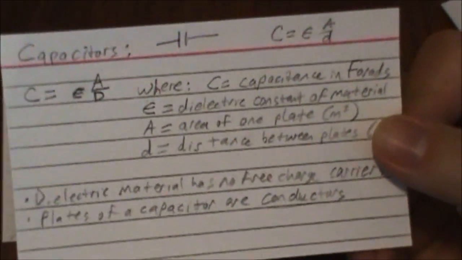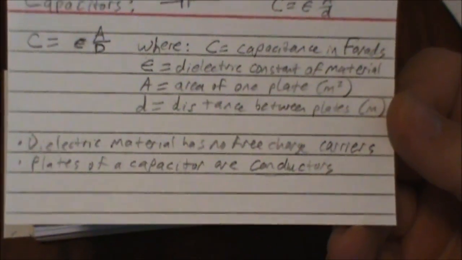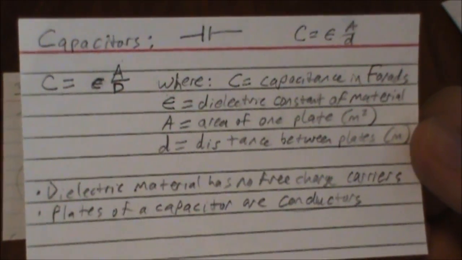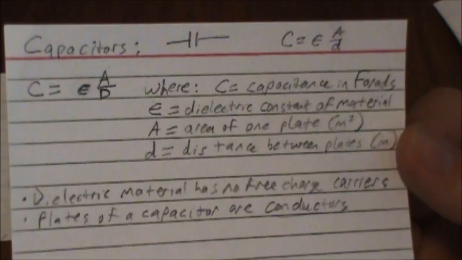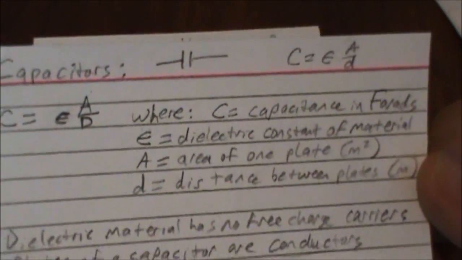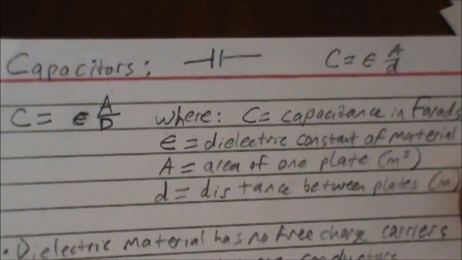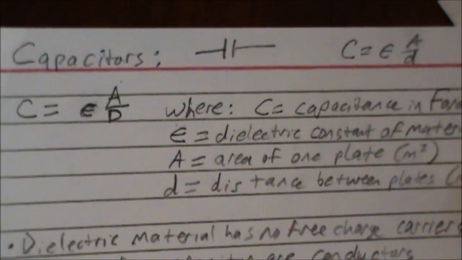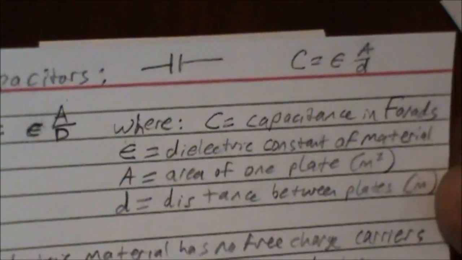And if you're going to build your own capacitor, which is not done all that frequently, but if you really want to, then your capacitance C equals this funny little E. I don't know if that's epsilon or not. It's from the textbook, that's how it was written.